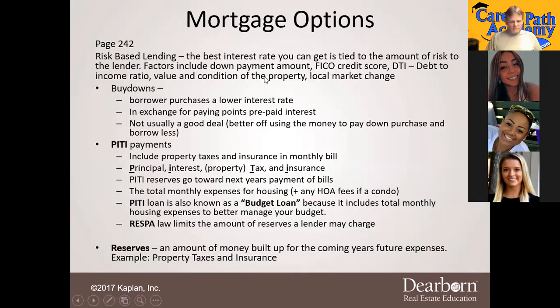Okay, so here's some of the mortgage options here. On page 242, at the top of the page, on the second sentence, I want you to highlight: the buyer's points are interest payments, income tax deductible in the year they are paid.